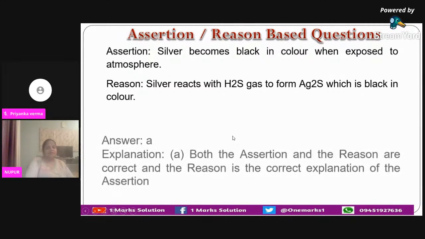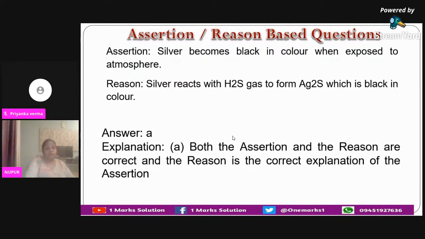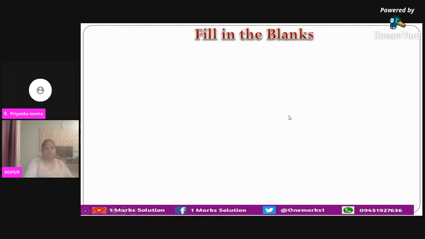And reason is also true. And it also explains the black color. So therefore, you know that for this question, we have to select the option A, where both are true and reason explains the assertion.